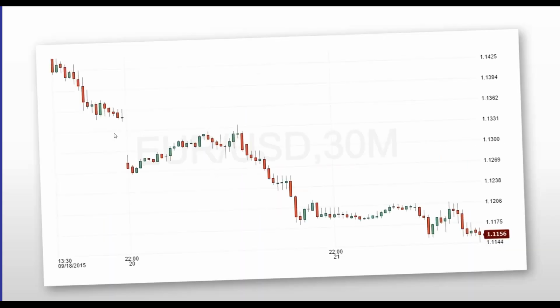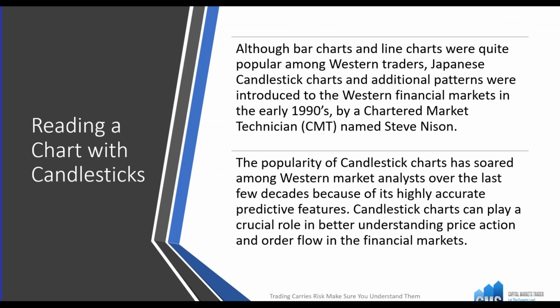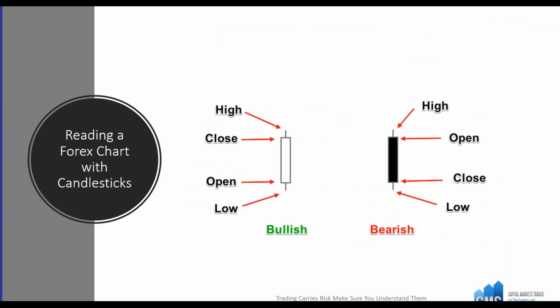So the candlestick chart, now we're looking at the Euro US dollar 30-minute candlestick chart, which is exactly like what we looked at in the bar chart and the line chart. Now, the only difference we have in a candlestick chart is this red and green, because for each candlestick, for each time frame we're looking at, we put a line across at the open instead of a doohickey.